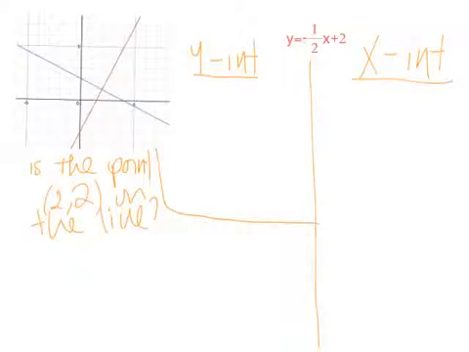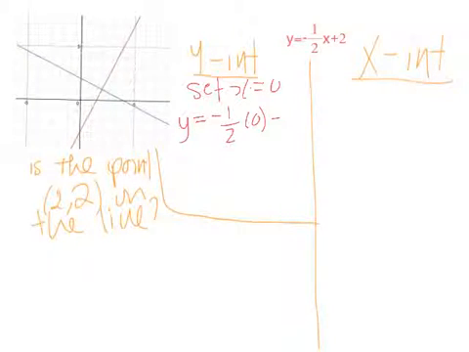Okay, so to find the y-intercept, I set x equal to 0. Remember the other letter equal to 0. So I'm going to set x equal to 0. So I get y equals -1/2 x, which is now 0, plus 2.